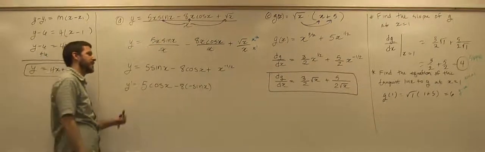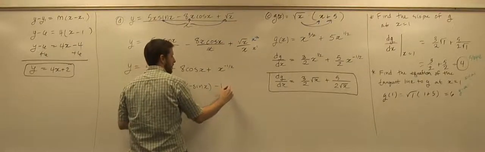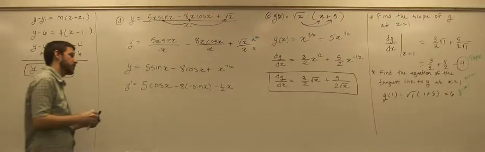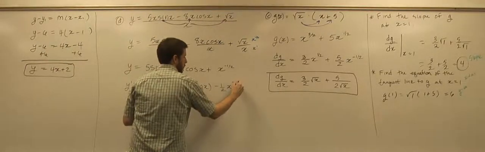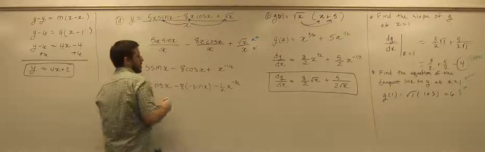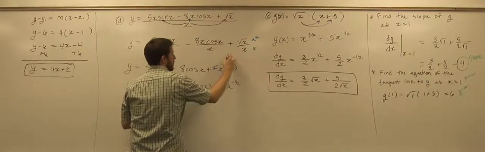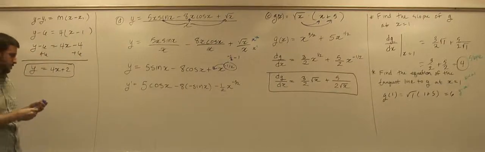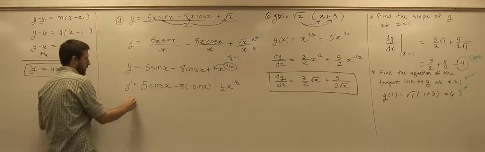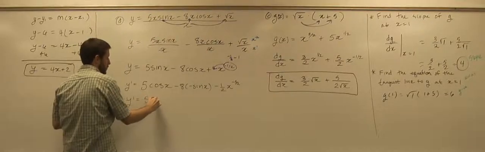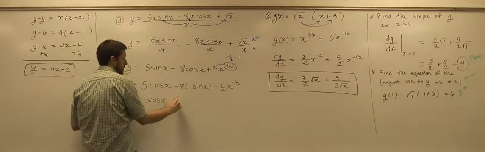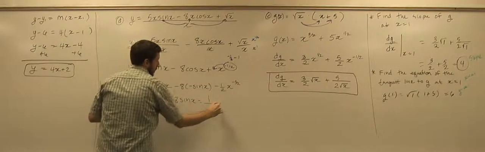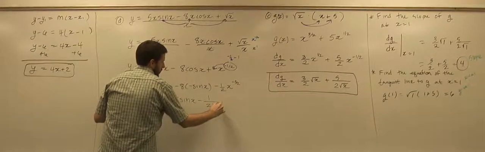And the derivative of x to the negative 1/2 is negative 1/2 x to the negative 3/2. You've got to subtract 1 from the power: negative 1/2 minus 1. Clean it up a little bit, not too much: 5 cos x plus 8 sine x. Probably put this in the denominator, square root of x.